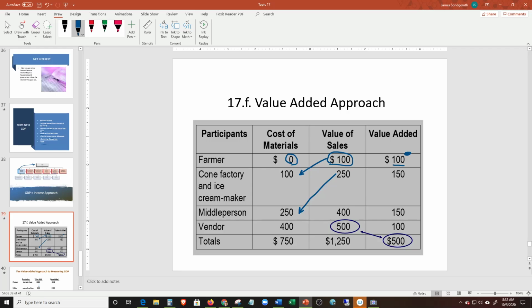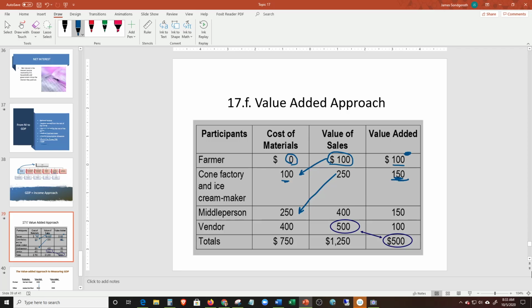But it has to subtract the cost of materials, and has added 150, which basically could be the labor they paid, and the rent and interest, so labor cost, capital cost, land cost, and they've added $150.